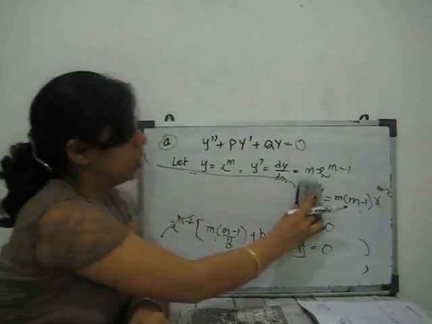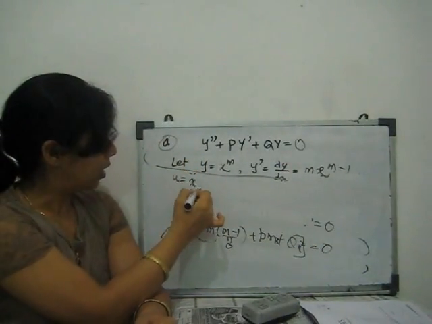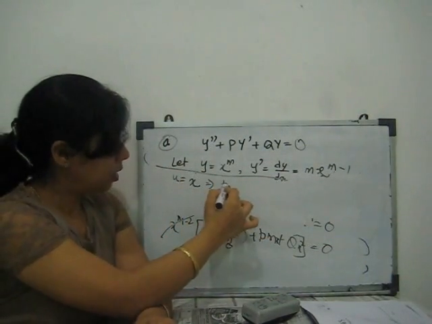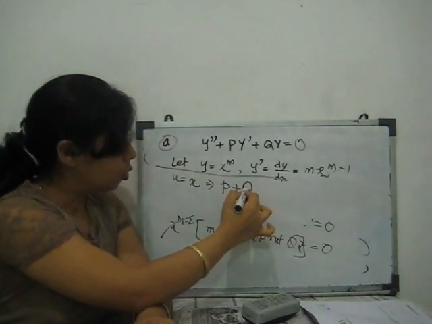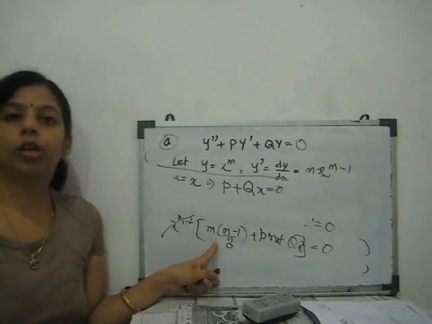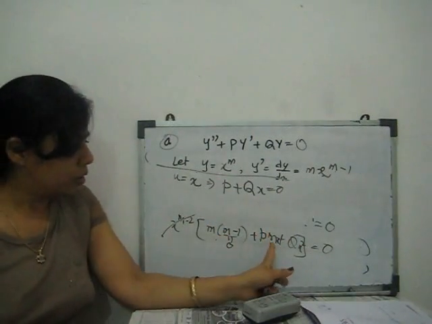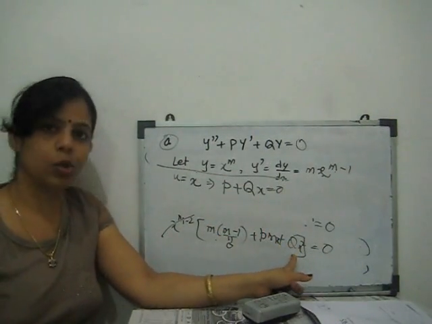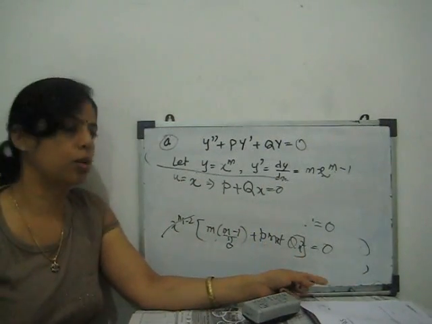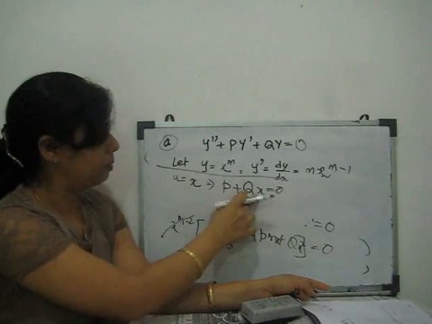So the first condition for this x to the power m, u is equal to x only, means x to the power 1, is p plus q x equal to 0. See, when you put m is equal to 1 here, this goes 0, this goes p x plus q x square is equal to 0, x common outside, so p plus q x is equal to 0.